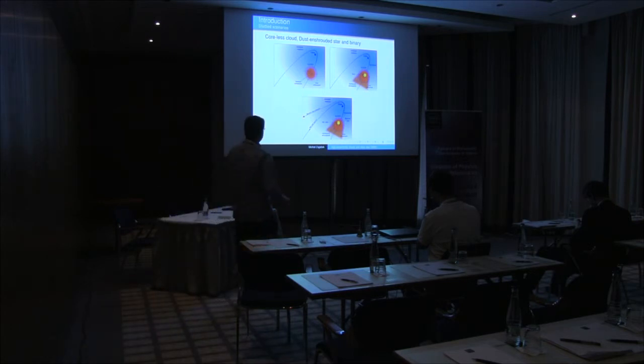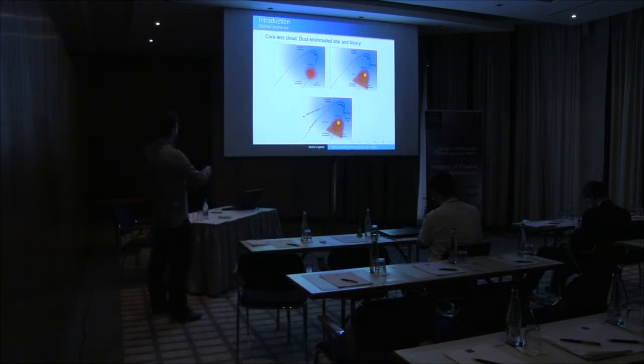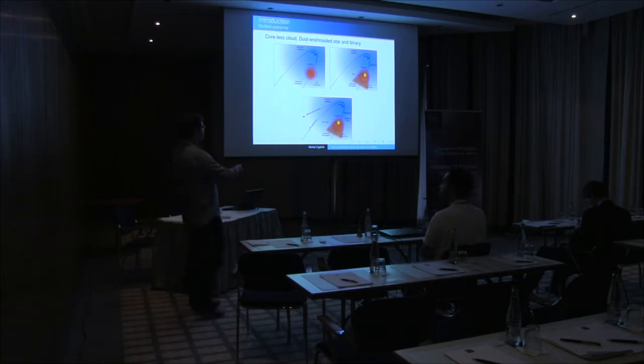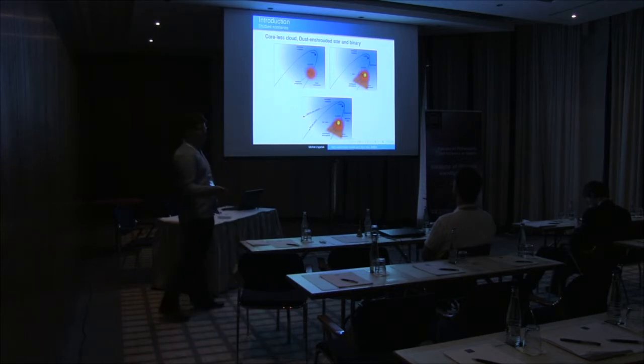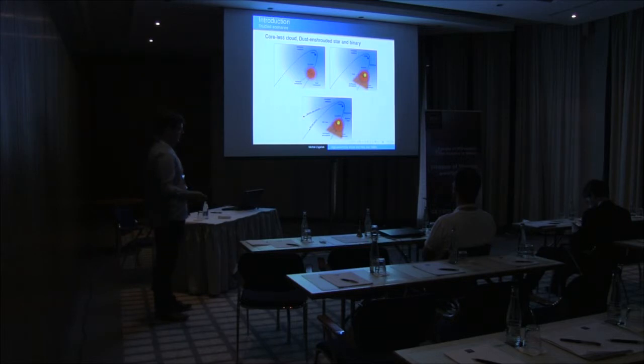So here are the illustrations of the considered scenarios. This is a coreless cloud with gaseous and dust components. This is with a star embedded and a bow shock at the front. And this is also a scenario that we put forward: at this stage, it is still possible that there may be another star, so it can be a binary system with a common envelope.